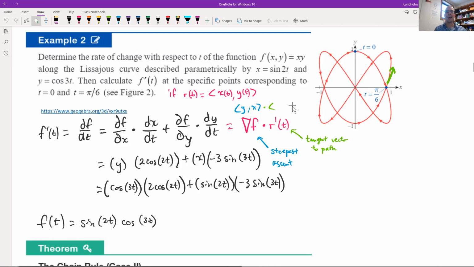And finding that, we would take the derivative of sine of 2t in the x component, and get 2 cosine of 2t. And in the y component, we would have -3 sine of 3t when we take that derivative. And yeah, notice the dot product matches up with the stuff that we would see here. So that's all good.